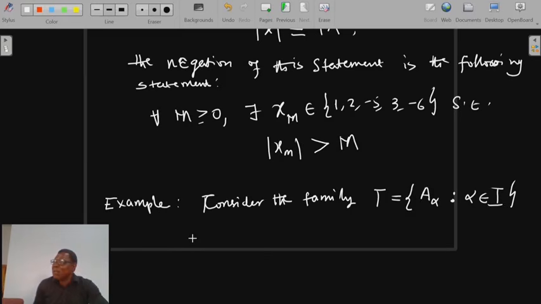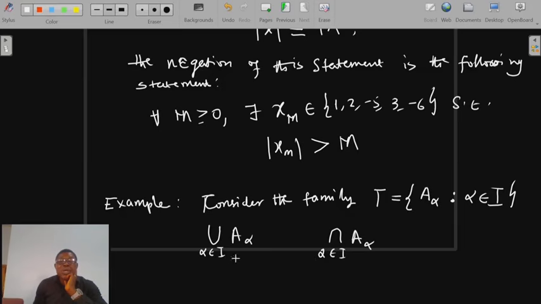If we recall our elementary set theory, we know that we can talk about the union over alpha in I of A alpha. And we can also talk about the intersection over alpha in I of A alpha.